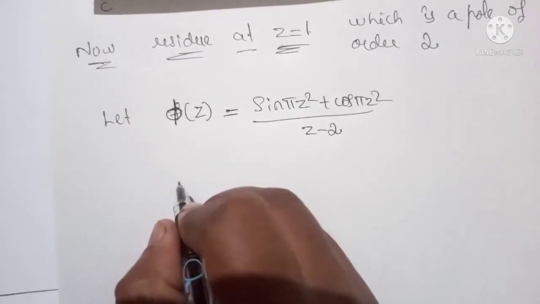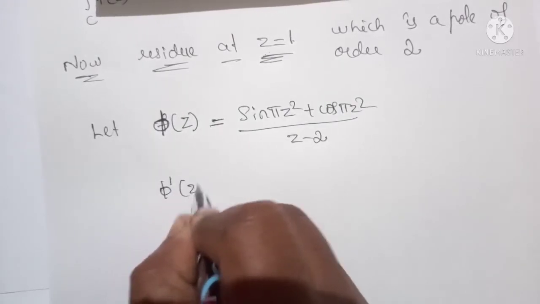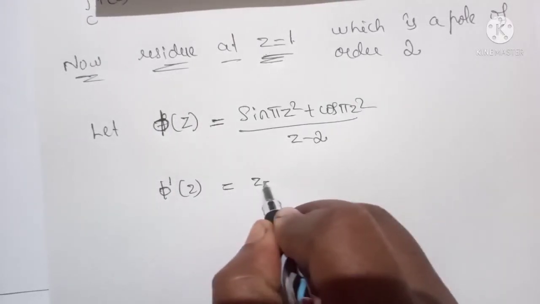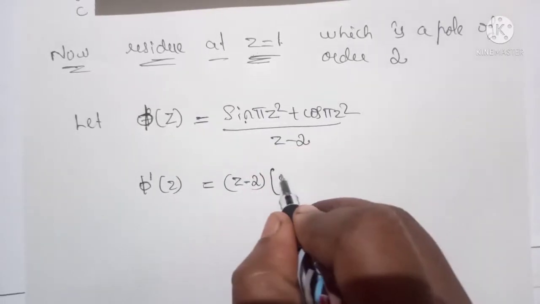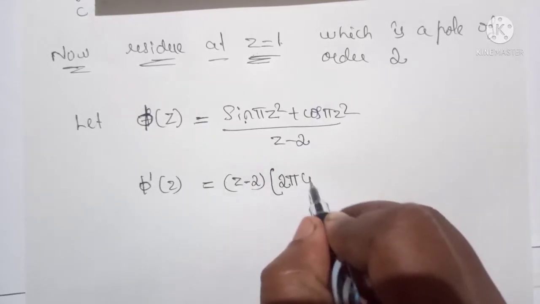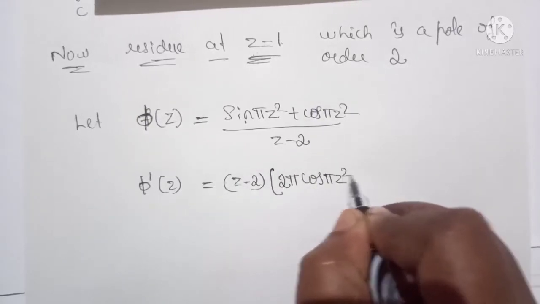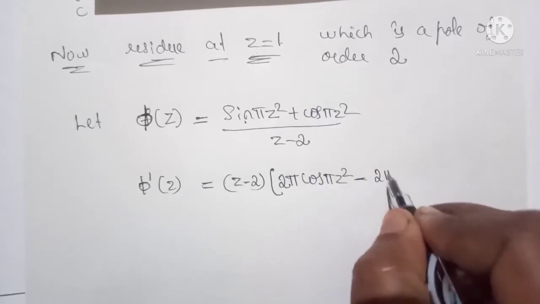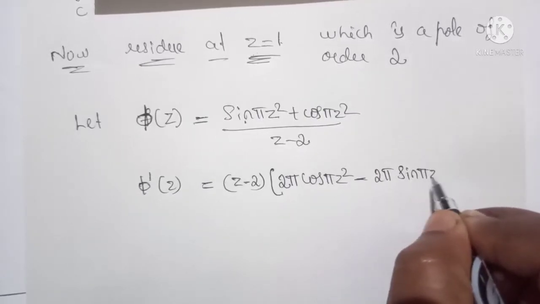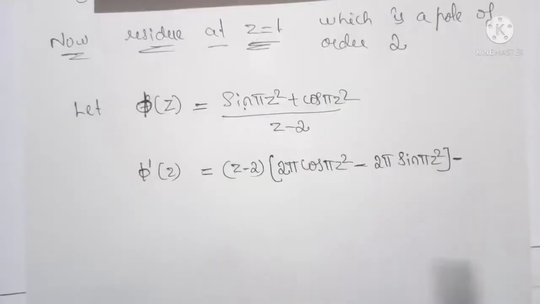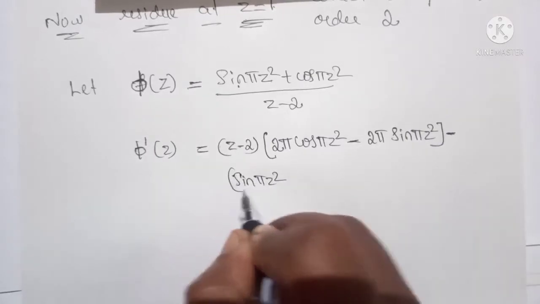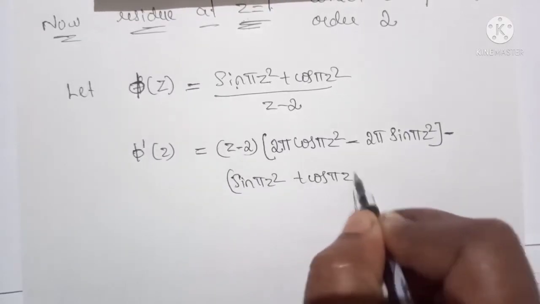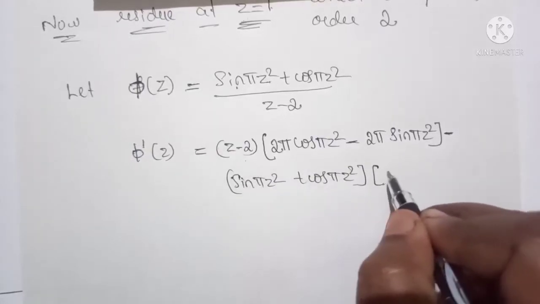Now differentiating this one, because it is a pole of order 2, we need first order differentiation. Phi dash of z is equal to z minus 2 as it is, times the differentiation of sin pi z square, which is 2 pi z cos pi z square, minus 2 pi z sin pi z square, minus sin pi z square plus cos pi z square as it is, times the differentiation of z minus 2, which is 1.